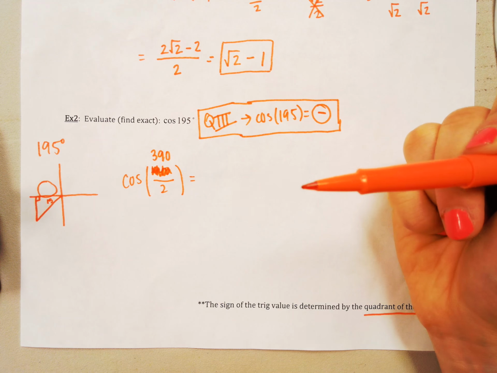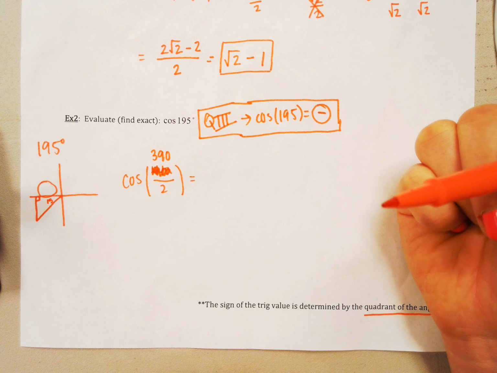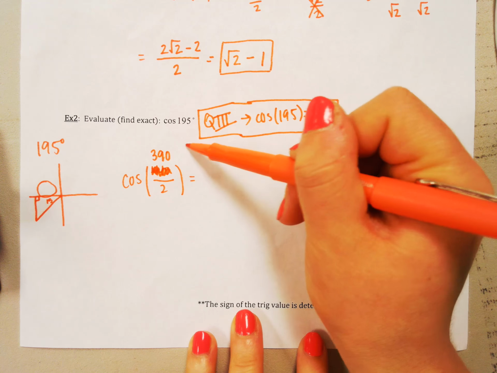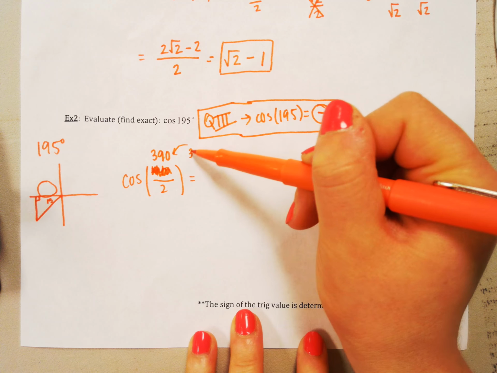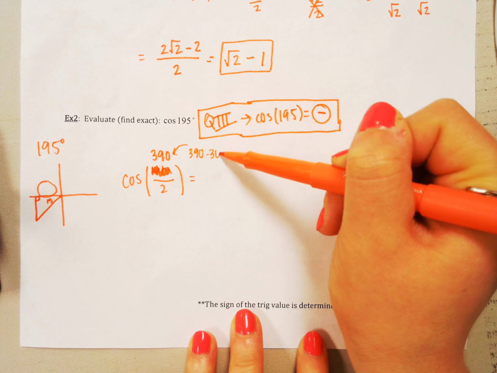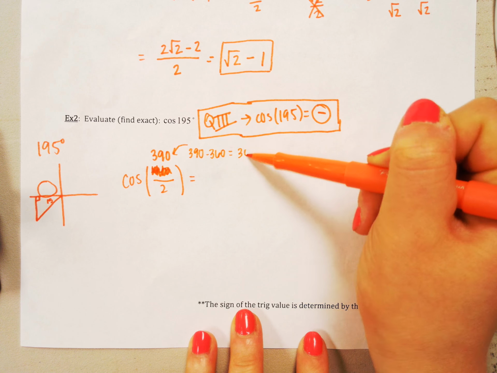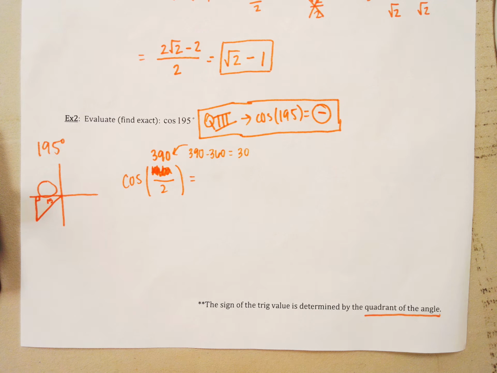So 390 is more than 360 degrees, which means I can find a coterminal angle. So 390 minus 360 gives us a 30 degree reference angle. So that's really what I'm looking for, since I know that that's 30 degrees, that's something I can evaluate.